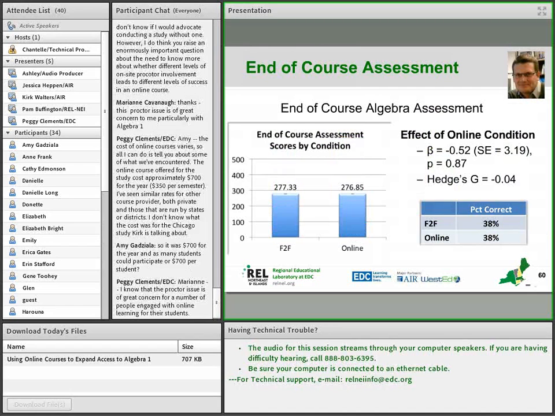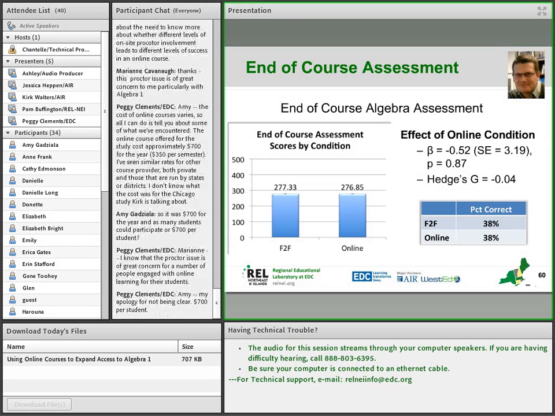In terms of the end of course assessment, these are some results here. When you look at the face-to-face and the online student scores, those two vertical bars are pretty similar: 277 versus 276 would be the scaled score.